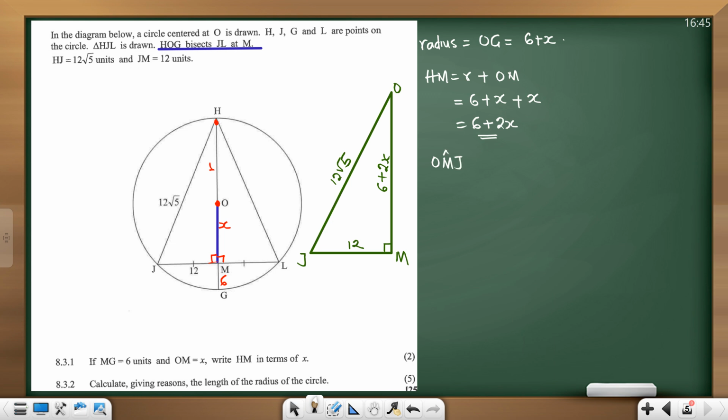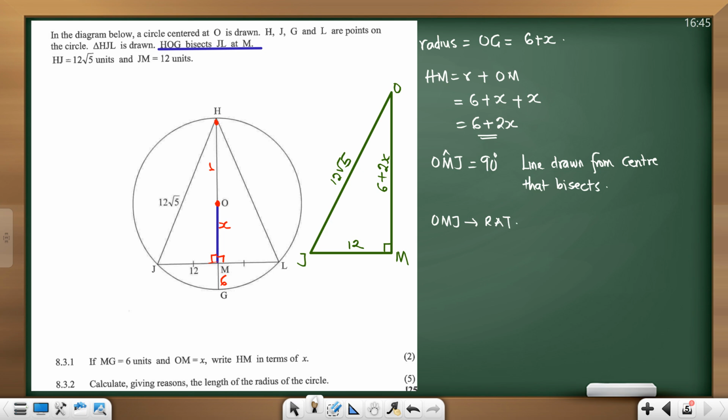Please talk to me. A line drawn from the center that bisects a chord makes triangle OMJ a right angle triangle.